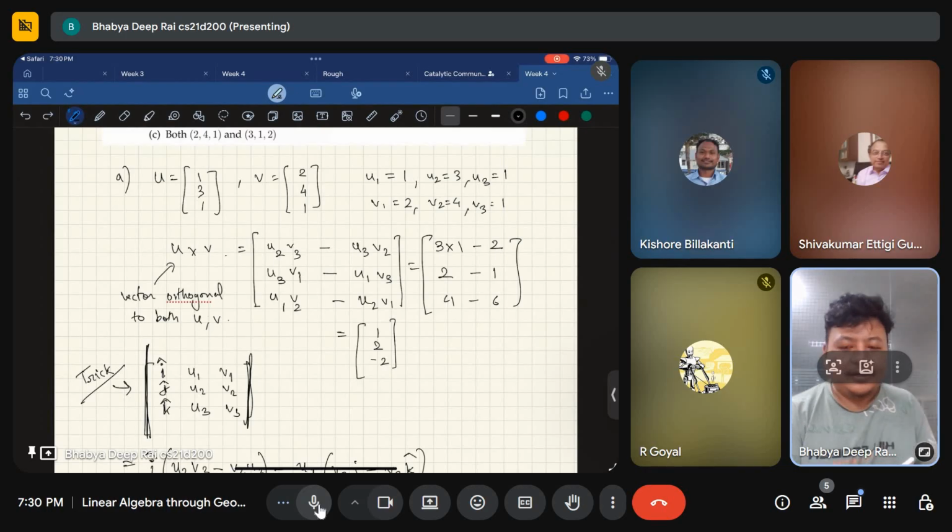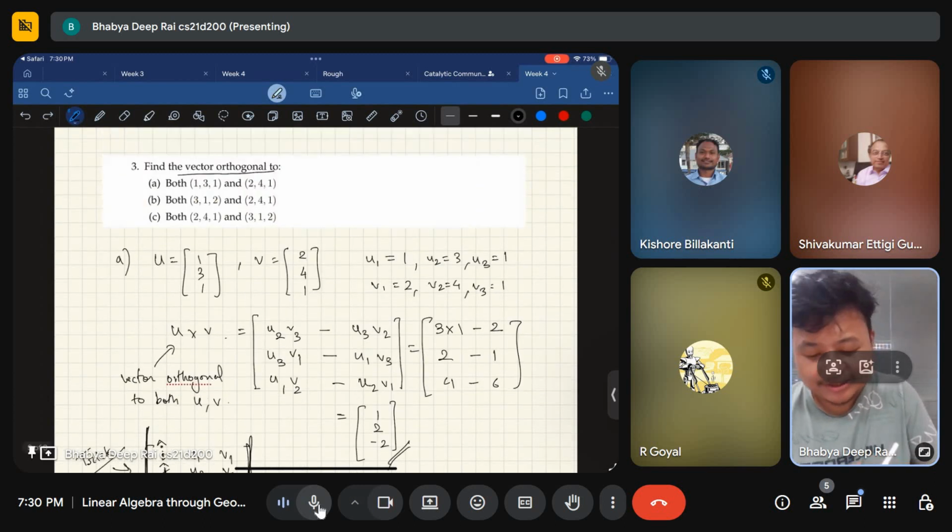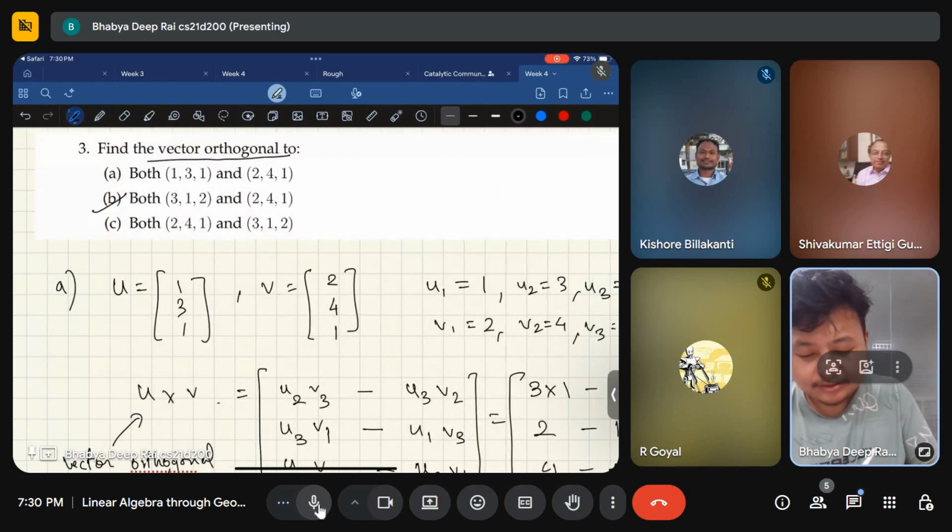Anyway, this is the answer. This is the vector which is perpendicular to both u and v. Now the question says b. So try b. A is done.